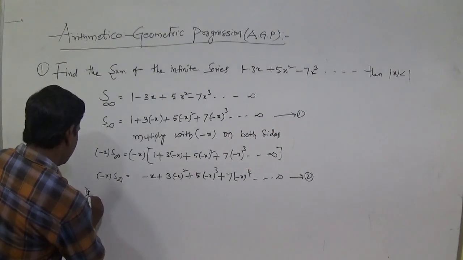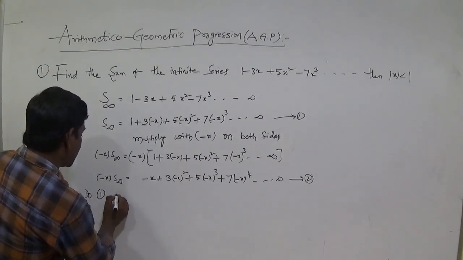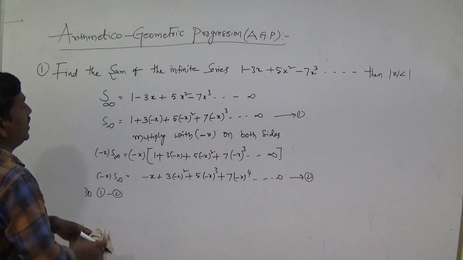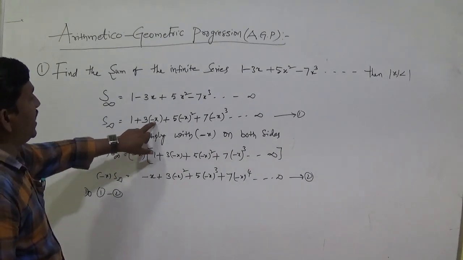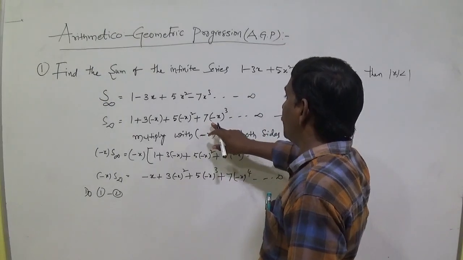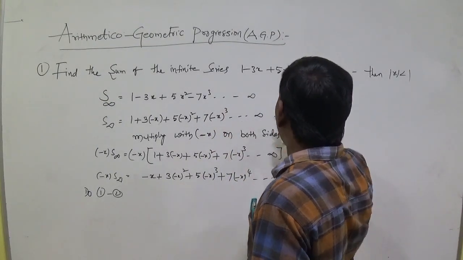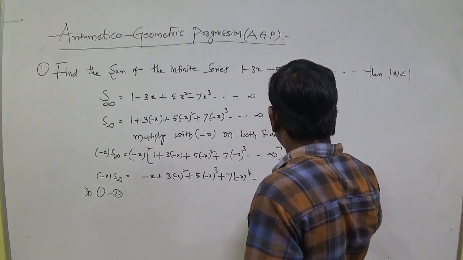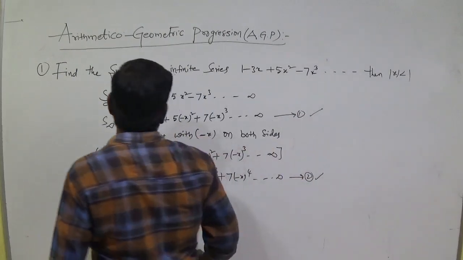Let's do 1 minus 2. That means here 1 plus 3 into minus x plus 5 into minus x whole square plus 7 into minus x cube, and so on. So we have to solve equations 1 and 2.